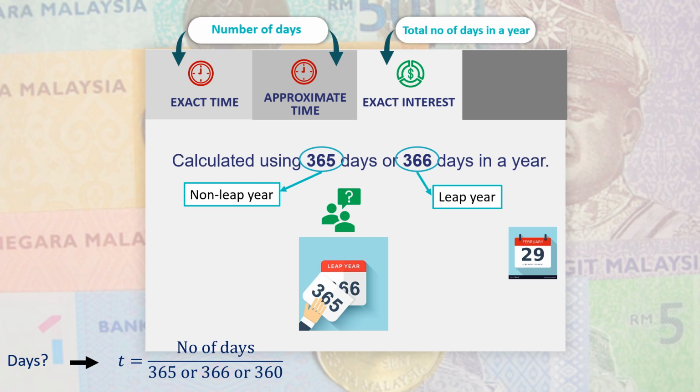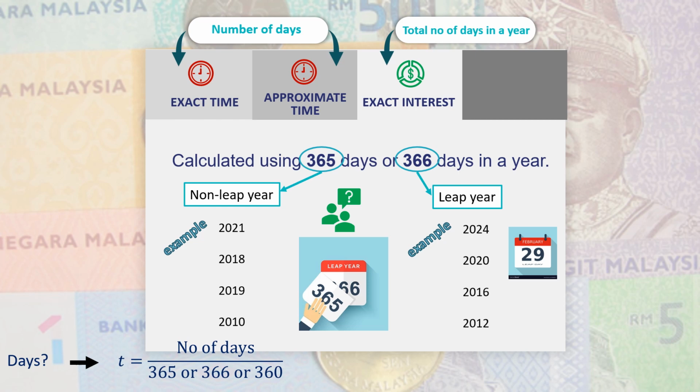So what is a leap year? A leap year is a year that occurs once every 4 years. You can identify a leap year by dividing the year by 4, and there is no remainder.